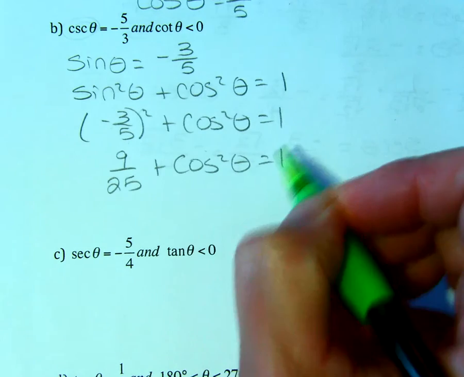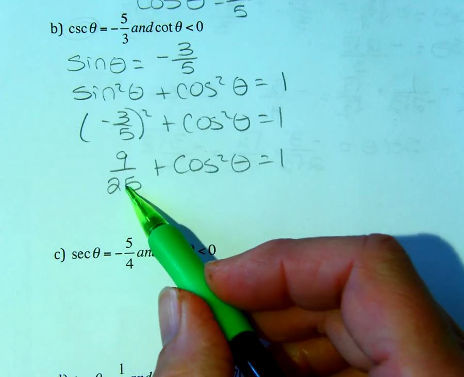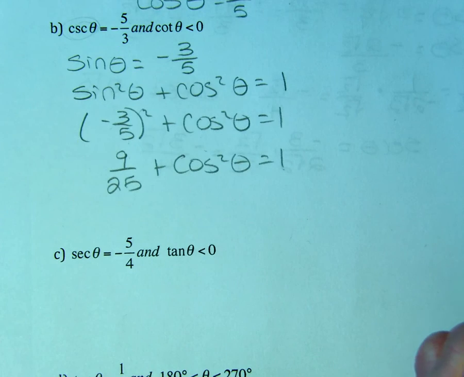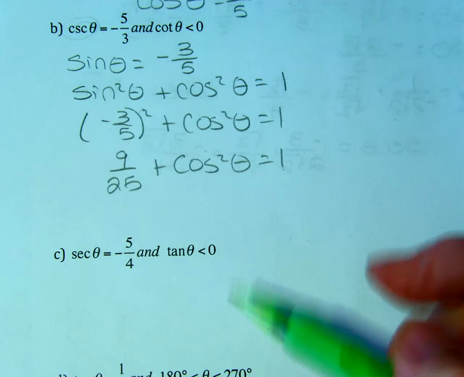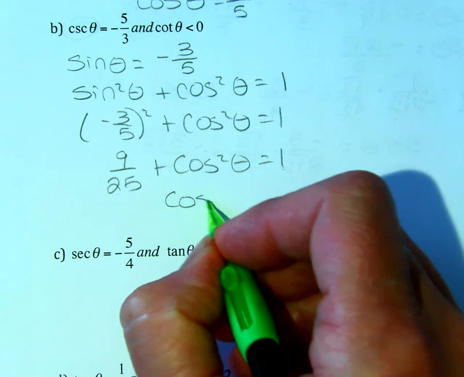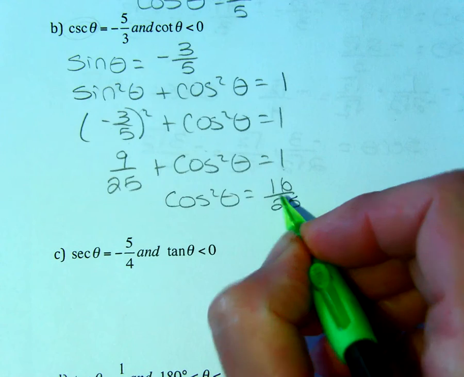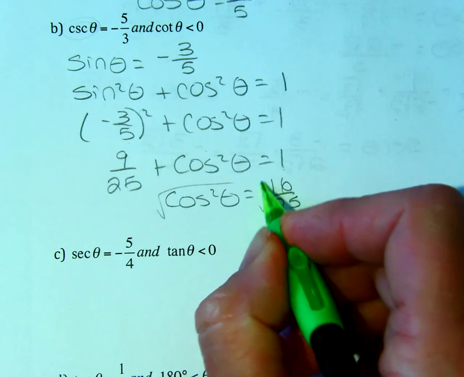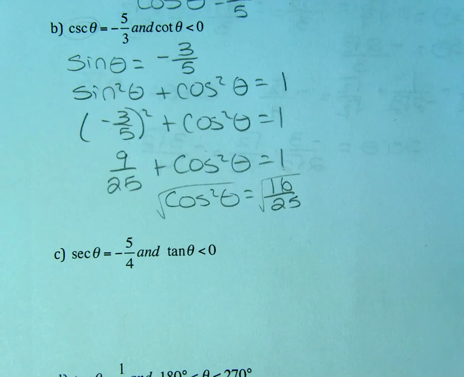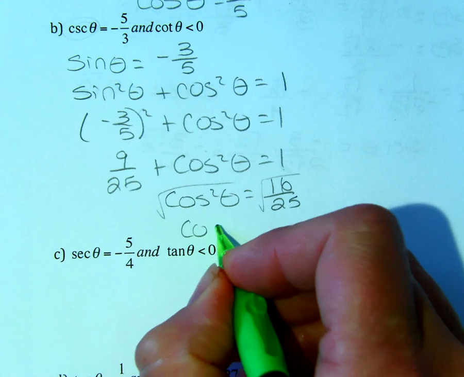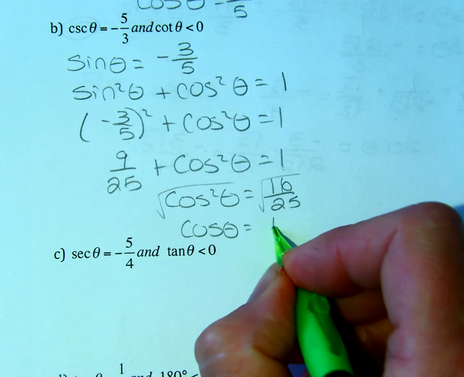Now we're solving for cosine, so you're going to subtract 1 minus 9 over 25. Put that in your calculator, hit math. Any calculator will do that for you. And you get 16 over 25. Then you're square rooting. Don't forget your plus or minus.